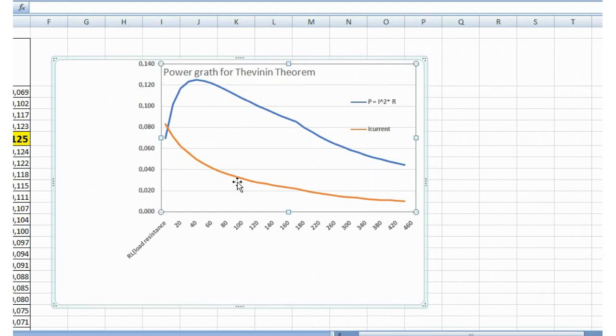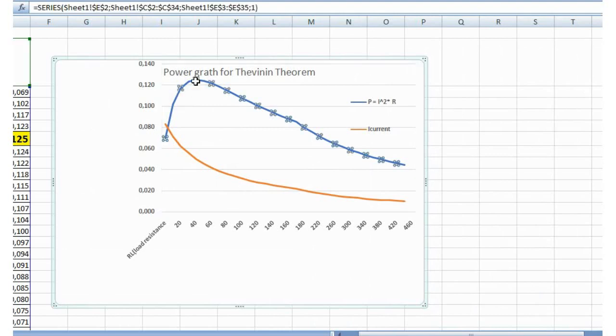For this calculation, the graph is plotted. Orange color is nothing but your current. So in the starting, current is high, afterwards it decreases. Blue line is your power. In the starting, power is low, it is high at 50 ohm, and then afterwards it decreases.